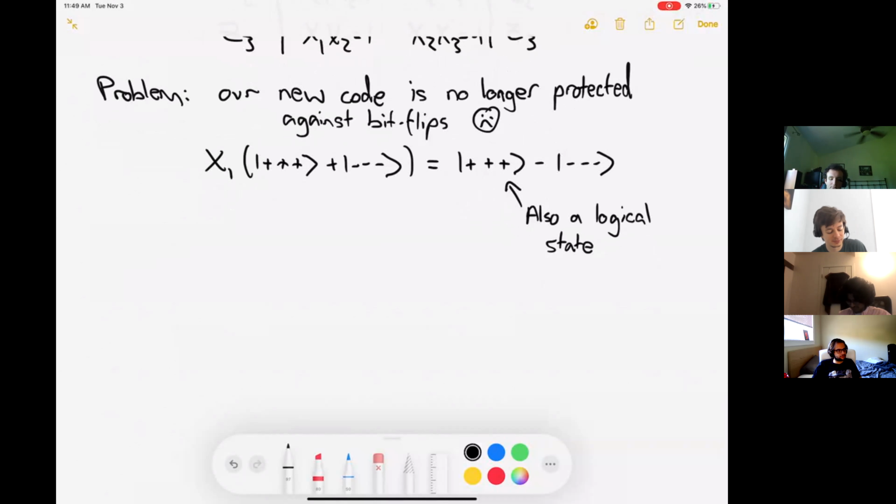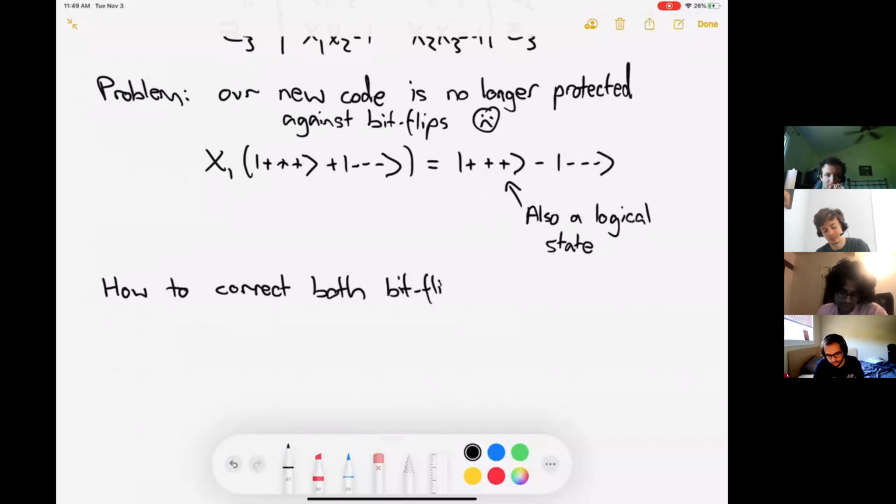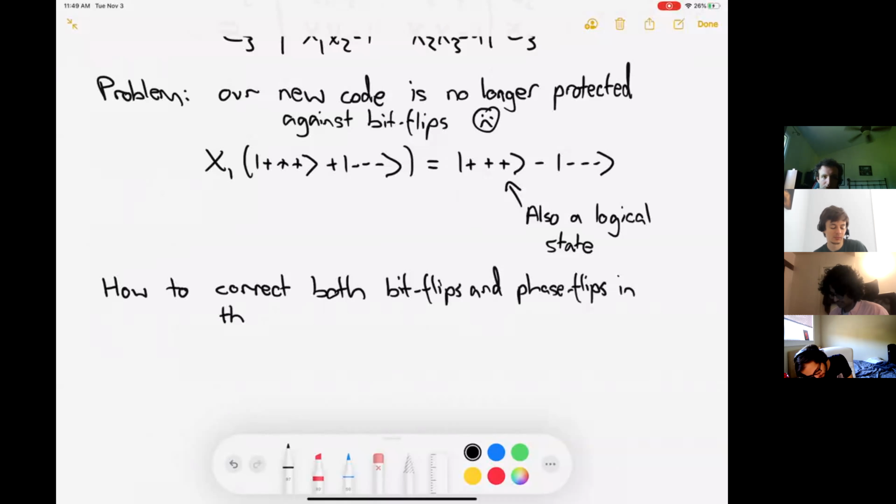Okay. So really, the challenge is to be able to correct both bit flip and phase flip errors in the same code, right?